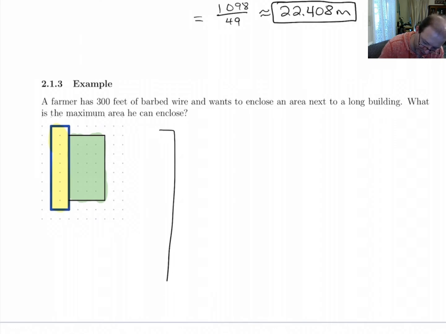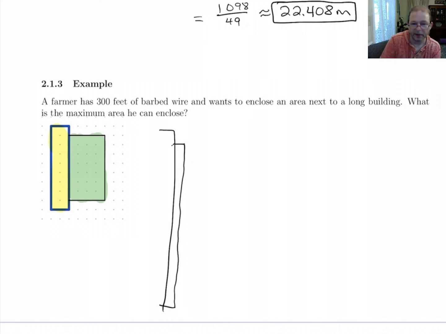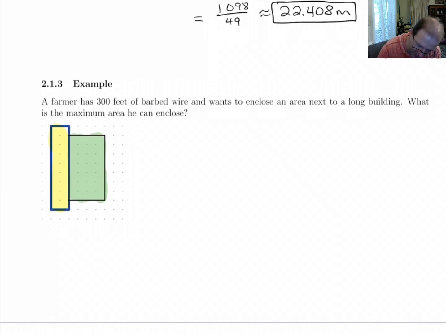I'm going to draw a separate drawing here. Let's say this is the building. You could run the fence out like an inch here, then run it almost 300 feet, and then back in there. Again, that's a really long, narrow fenced-in area with very small area. So, of course, the best way to do it is going to be somewhere in the middle, which is probably roughly what I've got drawn, where you come out a good ways, then you go down a good ways, and then back, and you get a pretty big area in there.